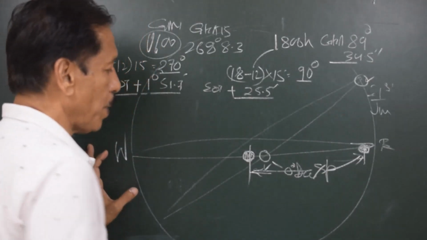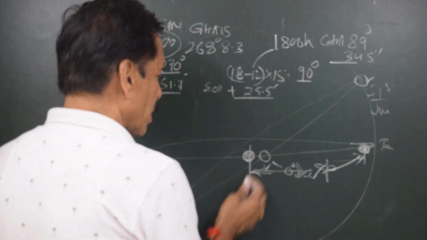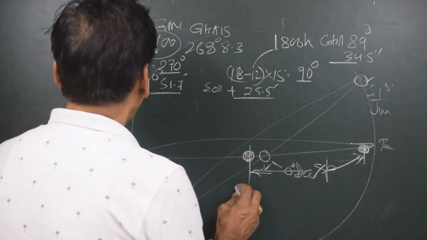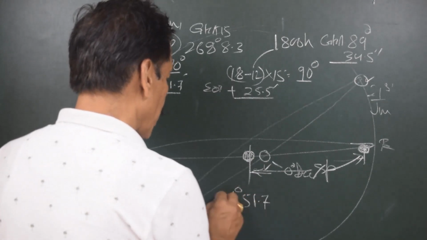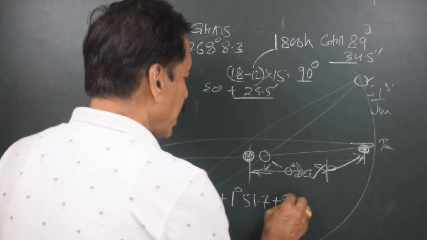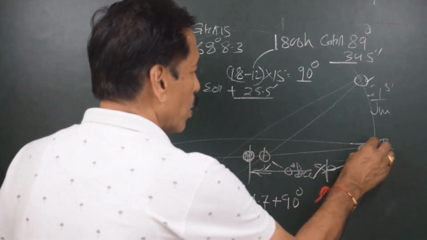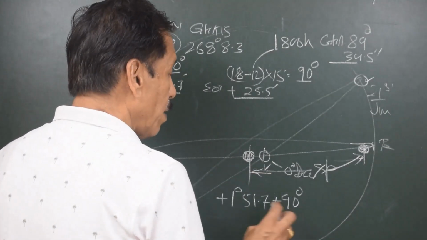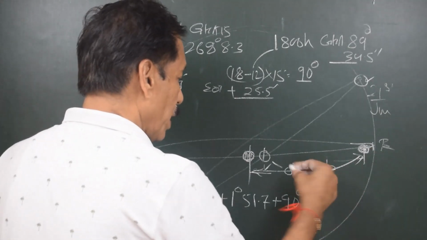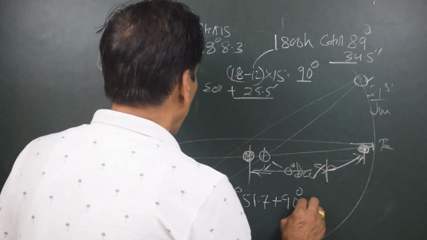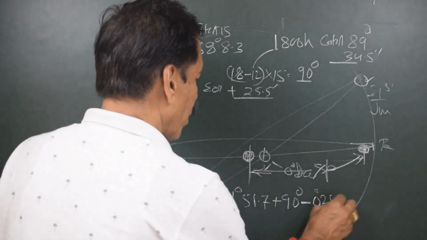So what we typically do is we write down the equation of time as it is at the beginning of the season. So equation of time is 1 degree 51.7, and that is plus 90 degrees, that is the equatorial distance from this point to this point. And then whatever is the equation of time at the end of the season, we negative that equation of time, and that is written over here. So I will write minus 0 degrees 25.5 minutes.